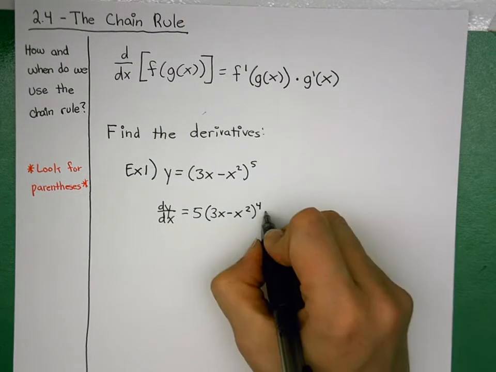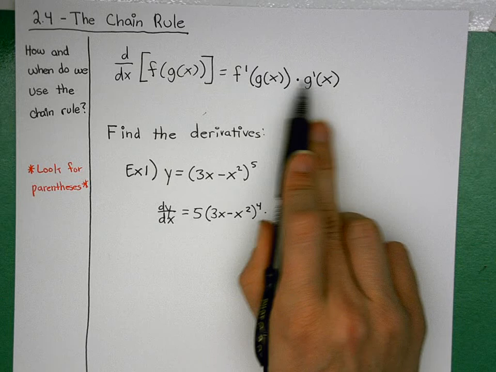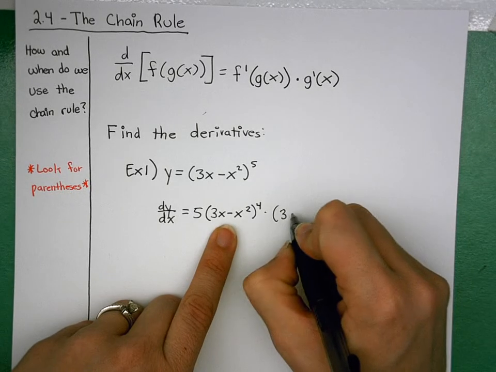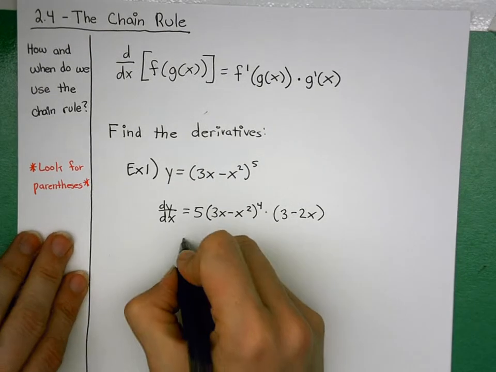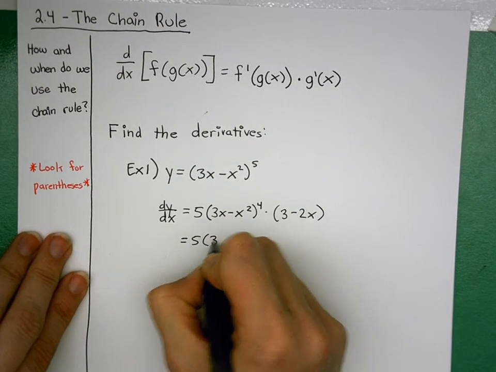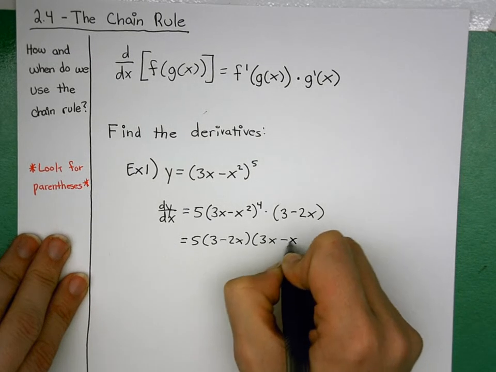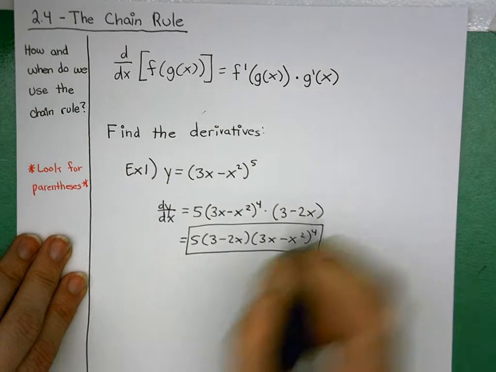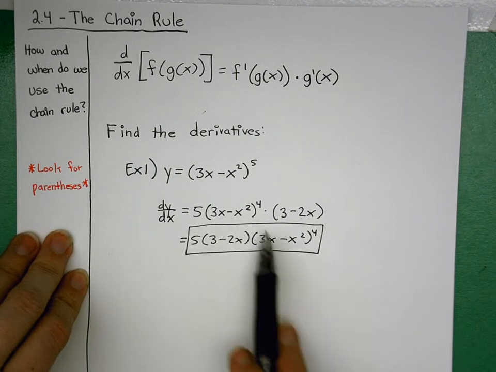It's only after the fact that we then take the derivative of that g of x. The derivative of 3x minus x squared is 3 minus 2x. And so then that would be your answer. You have your 5, your 3 minus 2x, and your quantity to the 4th.